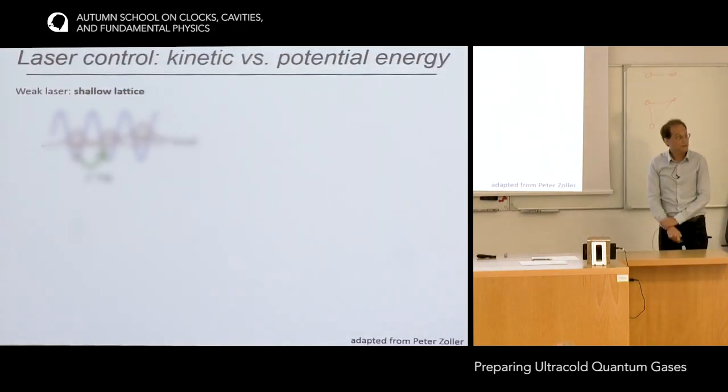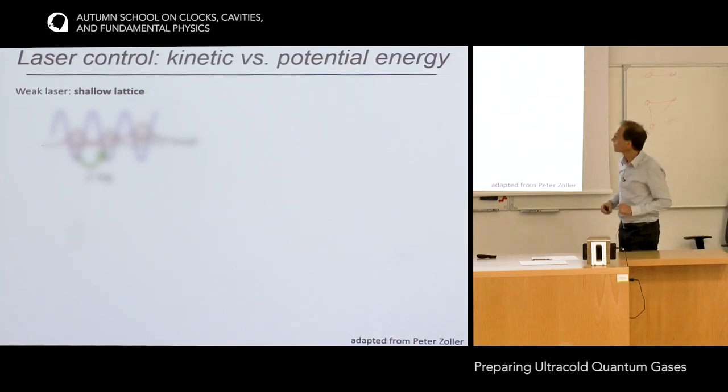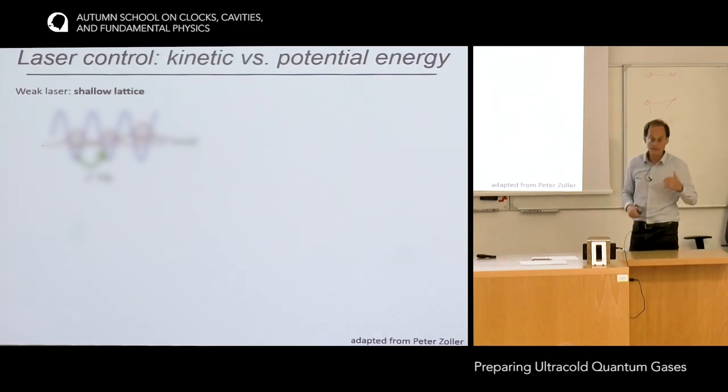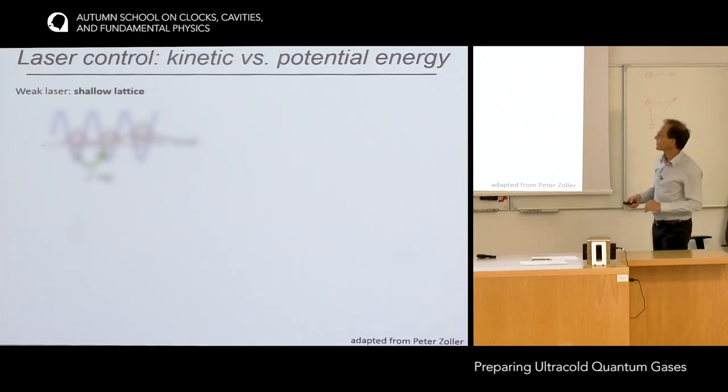Good. Now I want to show you how we can load a BEC into this lattice in a nice way to distribute the atoms one by one over the lattice sites. And that's done by the superfluid to Mott insulator transition, for which we need to understand what happens if we crank up the lattice height.